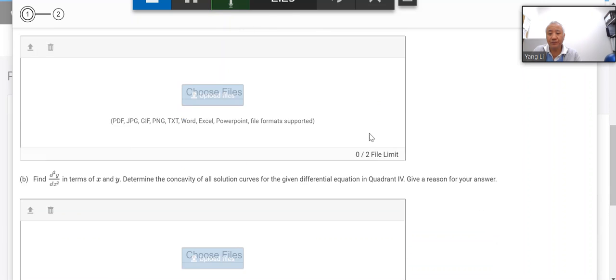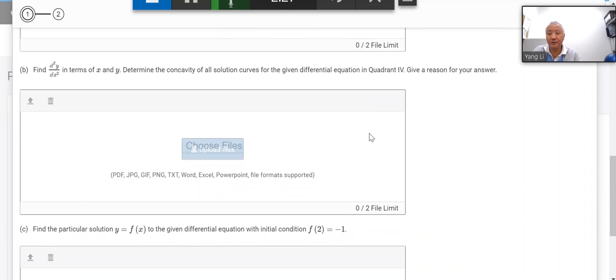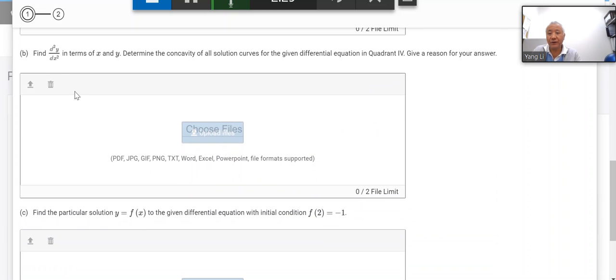So when you go to part B, they said find the second derivative d2y/dx2 in terms of x and y, and determine the concavity of the solution curves for the given differential equation in quadrant 4. Give your reasoning, okay?